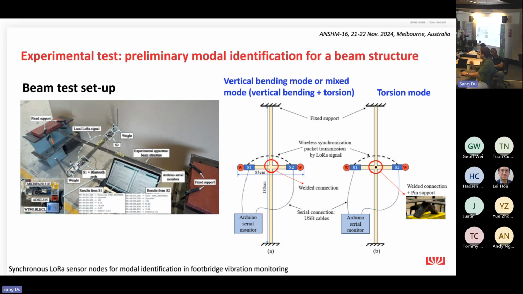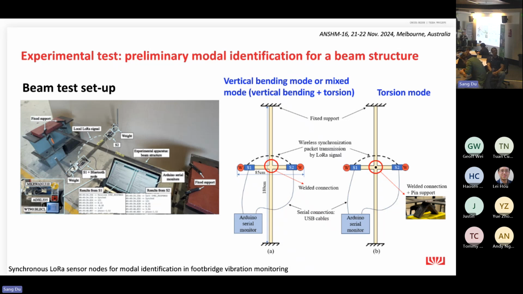In the torsion mode, we add a pin support under the weld connection, lift one side of the short beam, press the other one down, and release it suddenly. In this way, the beam vibrates torsionally, and S1 and S2 will have different motions in opposite directions.